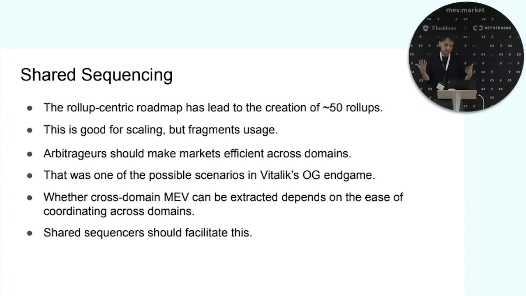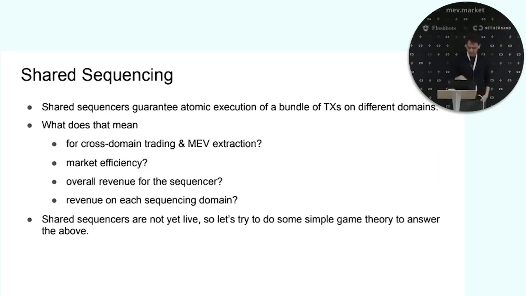You can think of shared sequencing as a technology that might facilitate that MEV extraction, or that might facilitate moving liquidity around between different domains. Okay? So that was the starting point of this project.